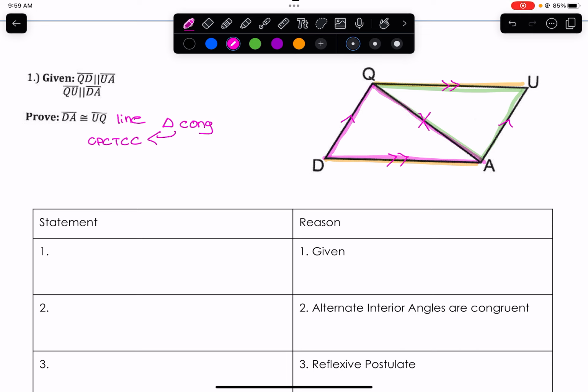So I have a side here. And now if we look at parallel lines, right? Let's look at QU and DA first. So this is our transversal.